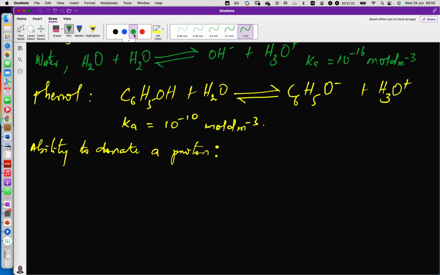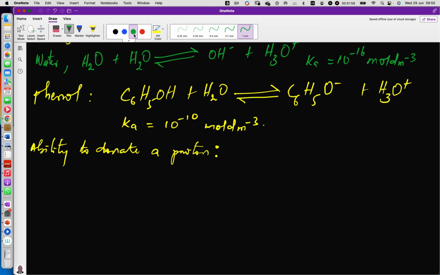Now the charge density within the oxygen has reduced, and the attraction between the oxygen and the hydrogen has also decreased. It results in the high ability of the hydrogen ion being lost, and that makes phenol more acidic than other organic compounds.